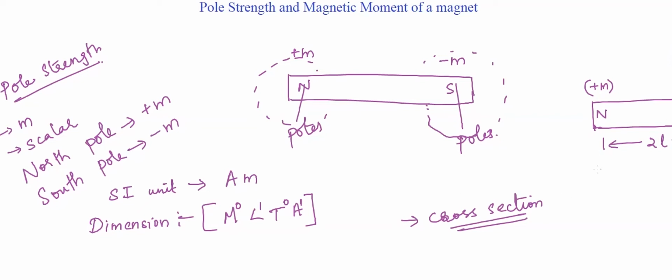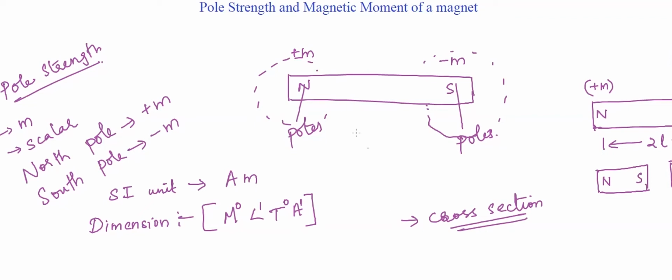If we divide it by cutting it in a direction perpendicular to the magnet, as we already know, the magnet will create new poles. When you cut a magnet, it will automatically create new poles as shown in the figure.